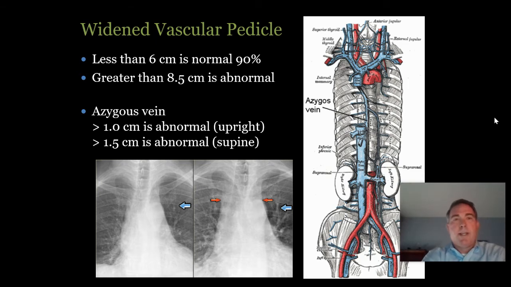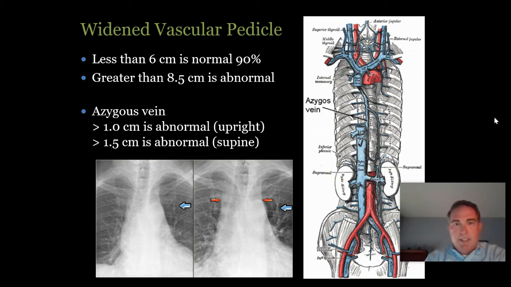So we talk about a wide vascular pedicle. Some textbooks will say 6 centimeters is your cutoff point, but greater than 8.5 is going to be abnormal. I remember in the trauma setting when we had print film, people used their pagers to measure it, which is funny. You can also identify the azygous vein.